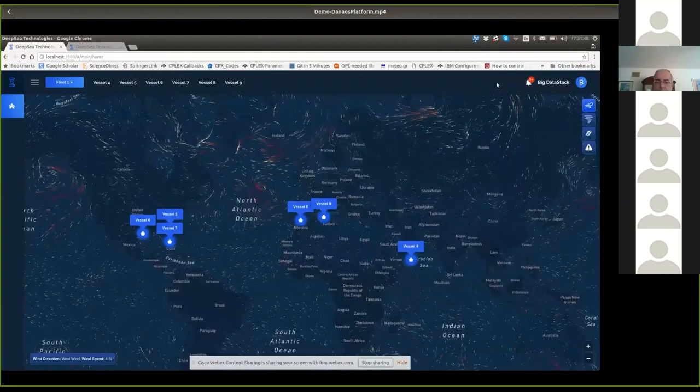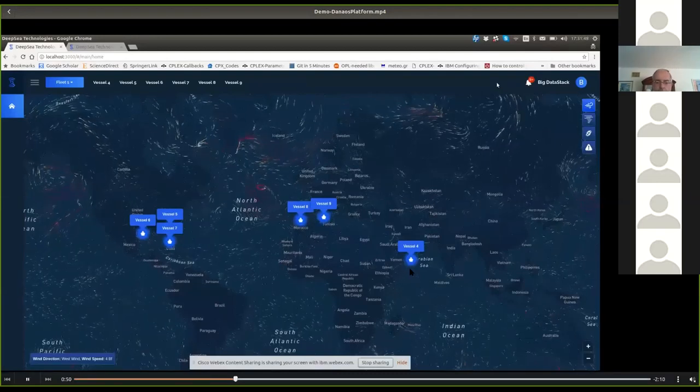So we have integrated all these solutions, and the platform is hosted into BigDataStack. So we utilize all these components to make it more robust, scalable, etc.